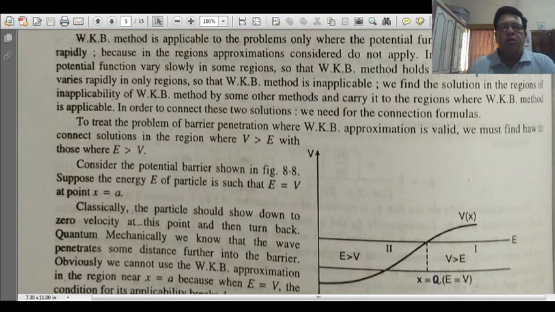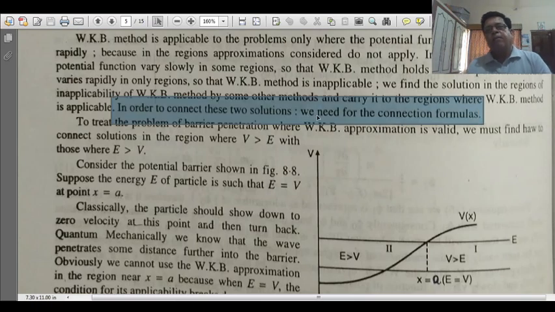So, in order to connect these two solutions, we need a connection formula. One is the WKB method solution, the second is by another exact method. There must be some connection between these two solutions.